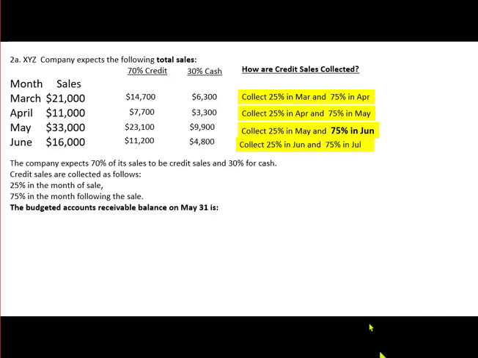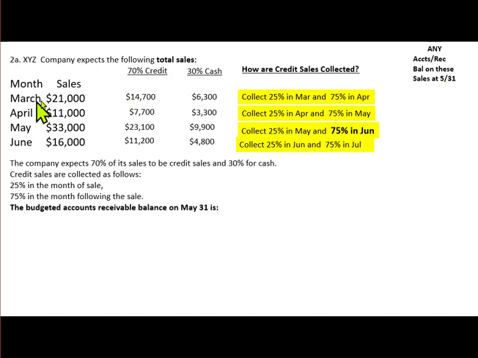And then for June sales, 25% will be collected in June, and 75% will be collected in July. So now we're going to answer this question: is there any accounts receivable balance on these sales at May 31st?